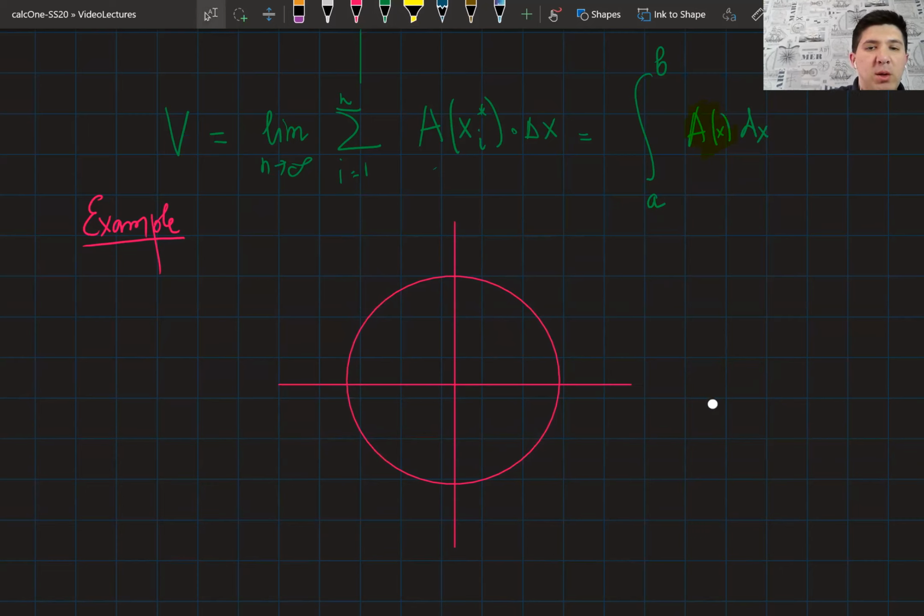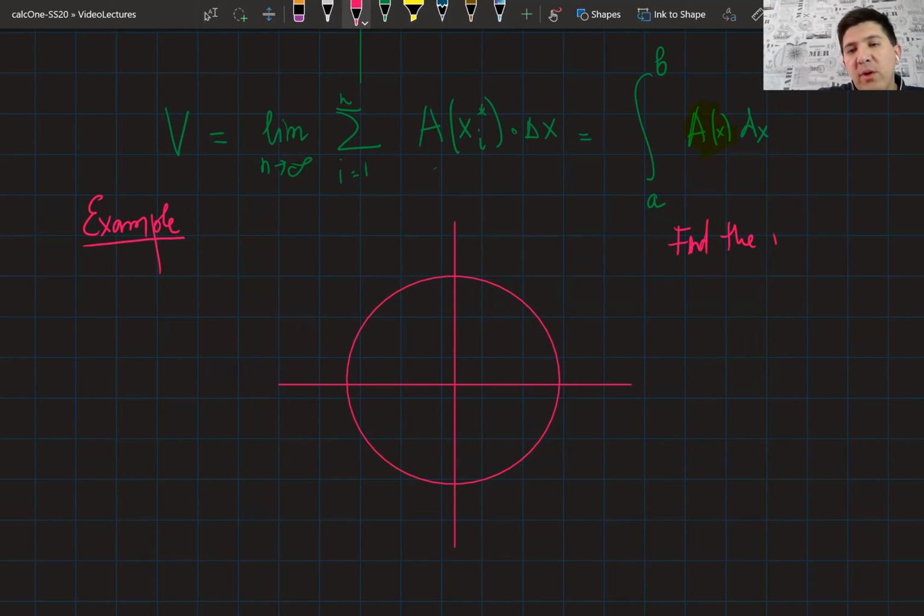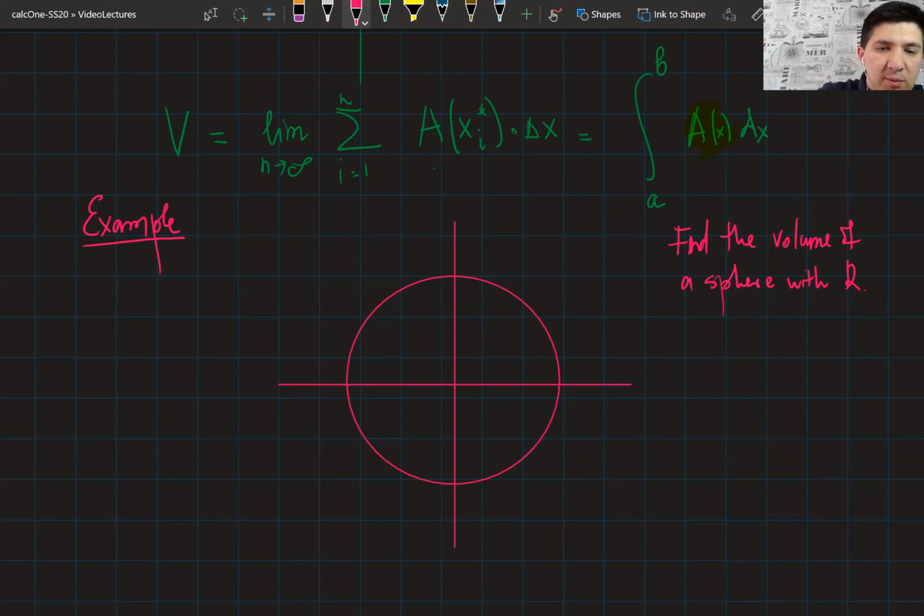Okay, so I've got a sphere with a radius r. So basically, let's find the volume of a sphere with the radius r.